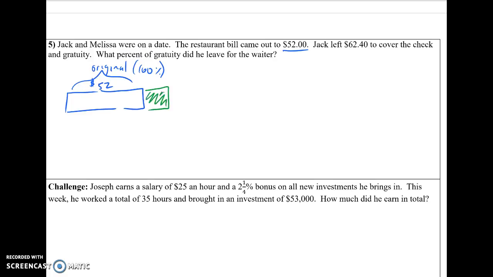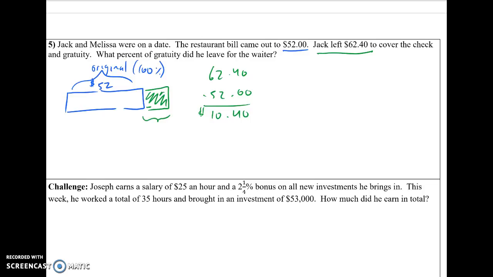We don't know how much percent that is. But if he left $62.40, we could find out how much tip he left by subtracting. So 62.40 minus $52, we get 10.40. So that's how much tip that Jack left.